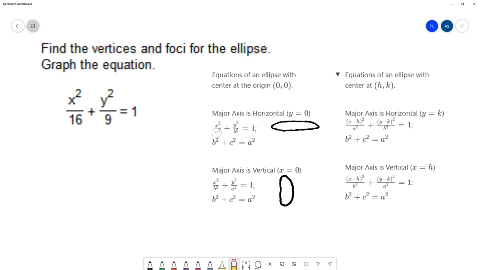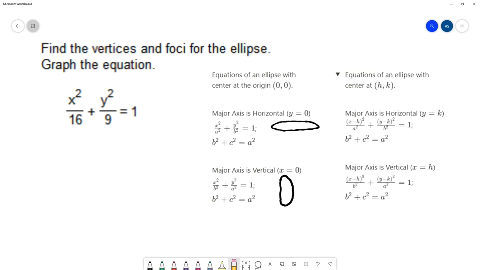We have x squared over a squared plus y squared over b squared equals 1, and x squared over b squared plus y squared over a squared equals 1. The only difference between them is in the first equation, a is under the x, and in the second equation, a is under the y. So that must have some kind of significance with our orientation.